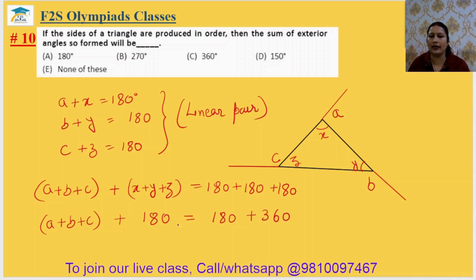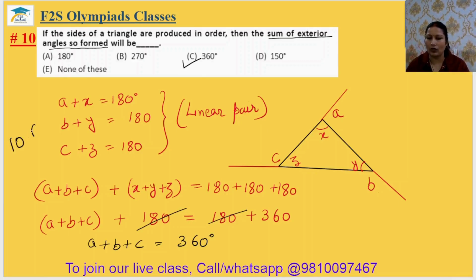Now 180 is present on both sides, so it will be cancelled out. So A plus B plus C will be equal to 360 degree. So what is the question asking? Sum of the exterior angles so formed. So the sum of the exterior angles will be A plus B plus C, which should be equal to 360. So the 10th answer will be option C.